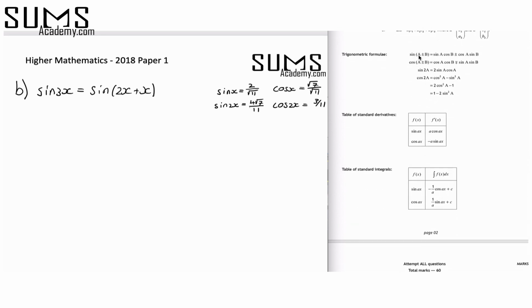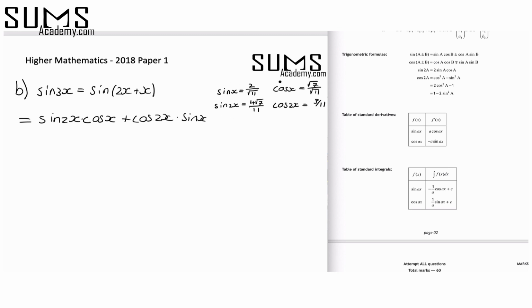Sine a plus b equals sine a cos b plus cos a sine b. So it's going to look like this: sine 2x times cos x plus cos 2x sine x.